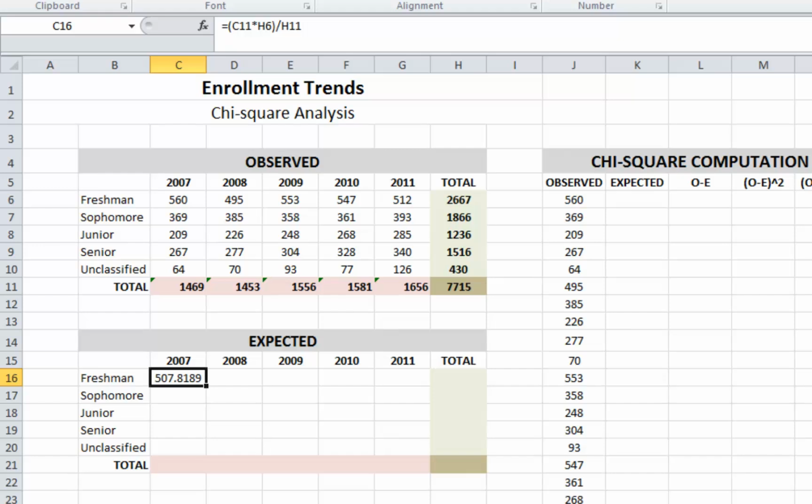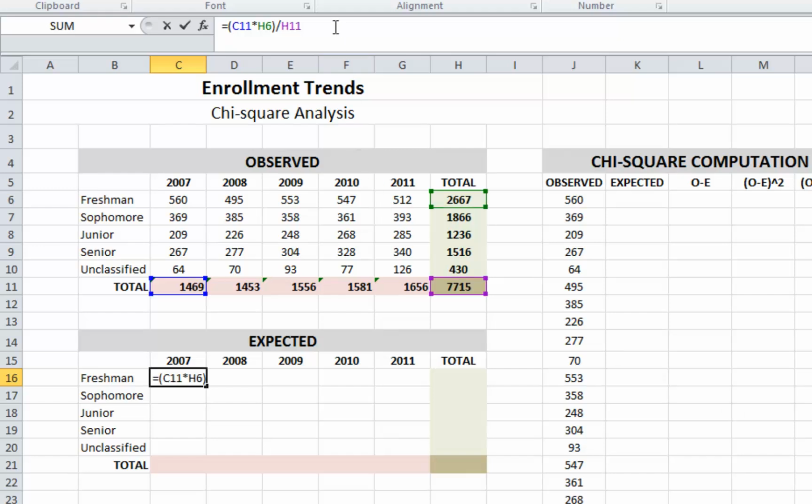Now for the 2007, we know that the column total, which is 1469, will also stay the same in our formula. The only thing that's going to change is the row total there on the right. So how can we keep certain parts of our formula stable or absolute while allowing some things to change?